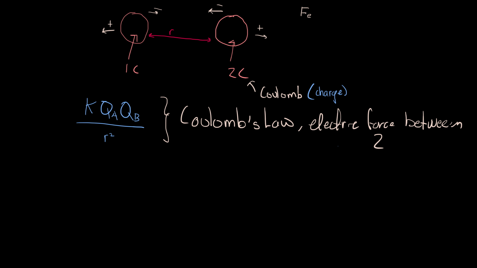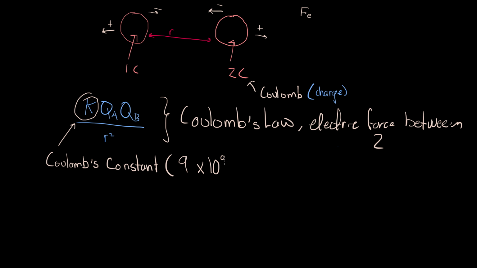Then we see another Coulomb here with this Coulomb. This is Coulomb's constant. And this is, as we figured out last video, about 9, I said 8.99, but if we round, it's going to be 9 times 10 to the 9th Newton meters squared over Coulomb squared.